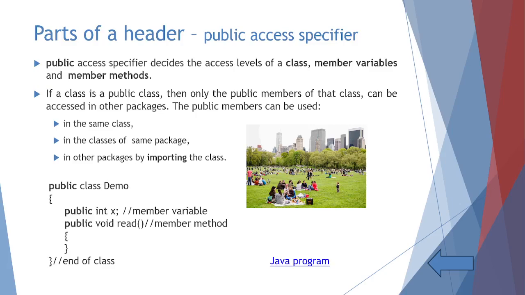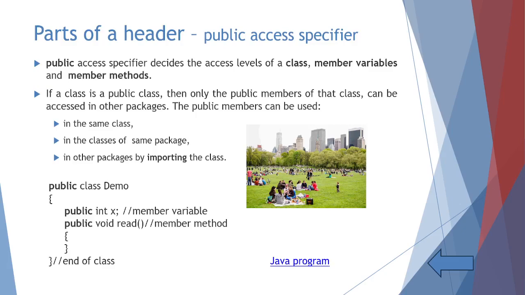If a class is a public class, then only public members of that class can be accessed in other packages. For example, a house is there. If the main door is locked, even if the doors inside the house, all the rooms' doors, are open, still we cannot access.